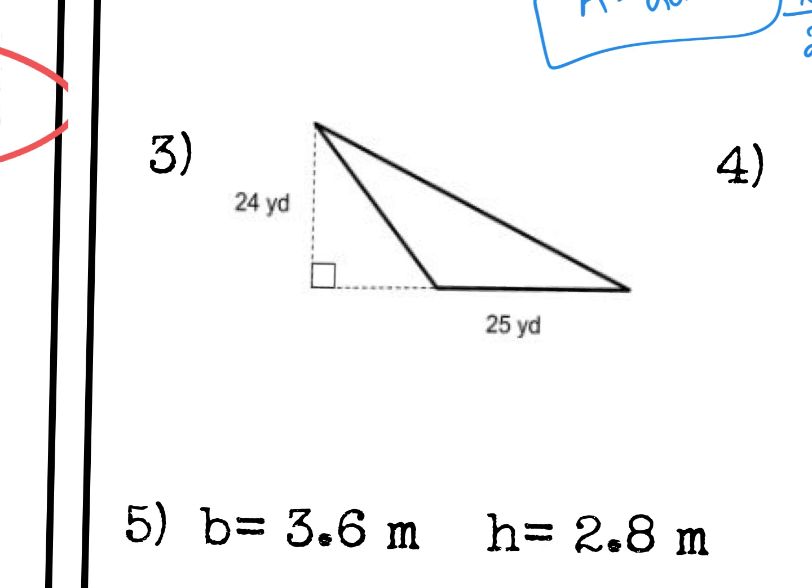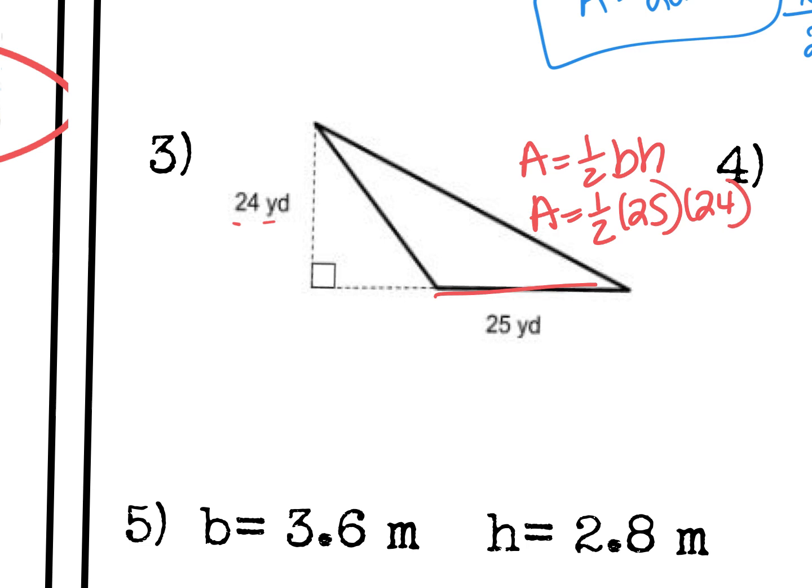First of all, identify the shape. This is a triangle. Write down the formula. If you do not write down the formula, then you do not know what you're solving for. Area equals half. My base is 25. My height is 24. Just by looking at that, I can see that it's really easy to take half of 24, and I'd rather do that.